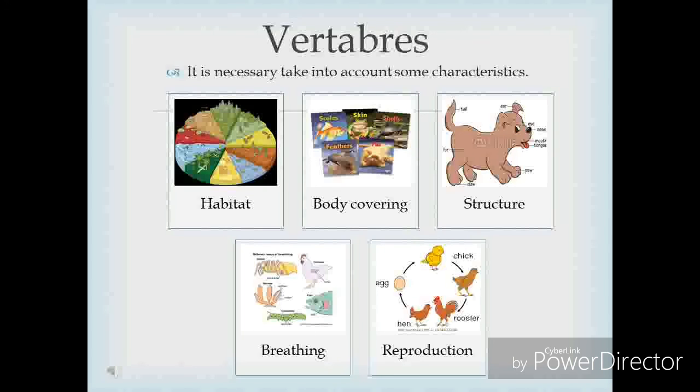Body covering, which is the way their skin is protected. Structure are the main characteristics of the animal in physical appearance. Breathing is the way they take oxygen from the air, and the last one is reproduction, which is the way that they are born.